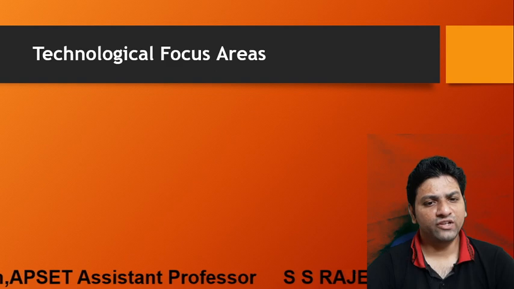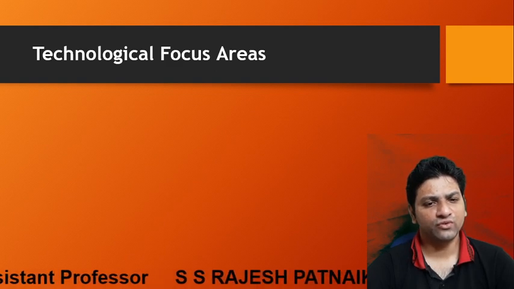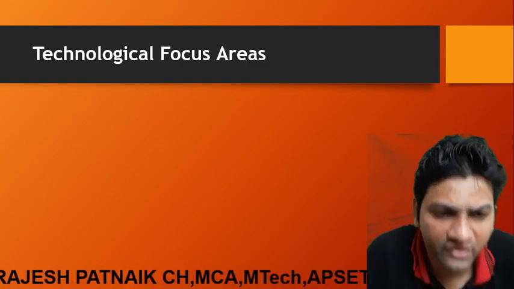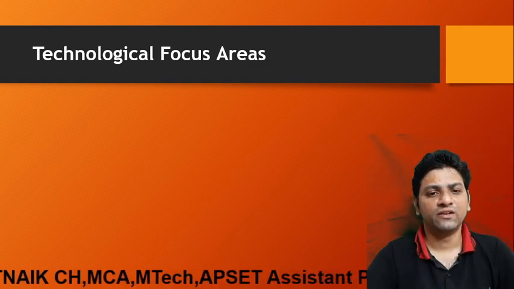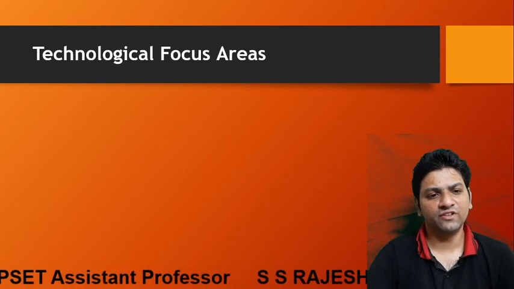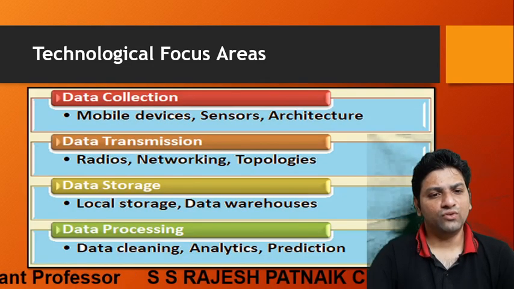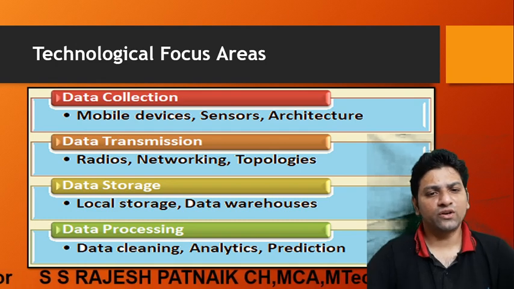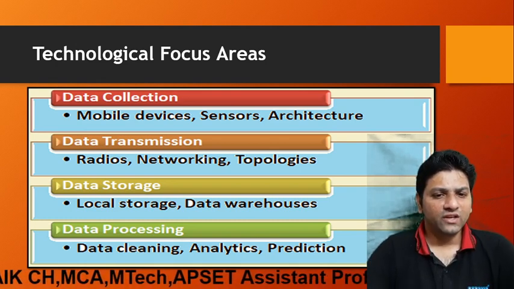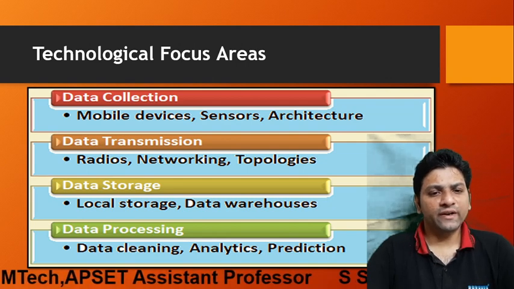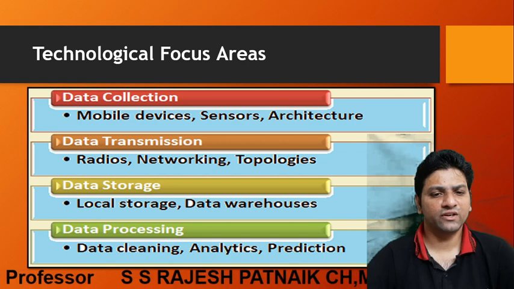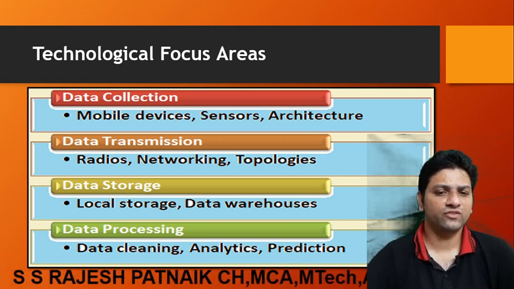And the technological focus areas: those are the areas we discussed where we require smart homes and smart cities. So what are the technological focus areas? Data collection, because every time we talk about smart, we are using IoT devices consisting of sensors.